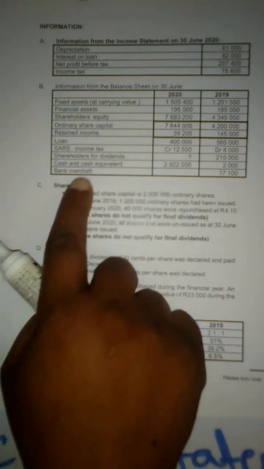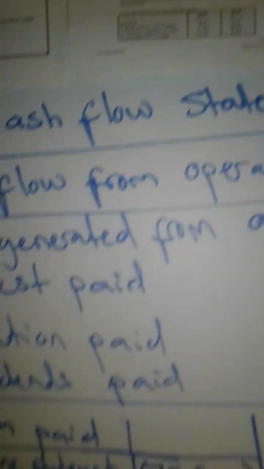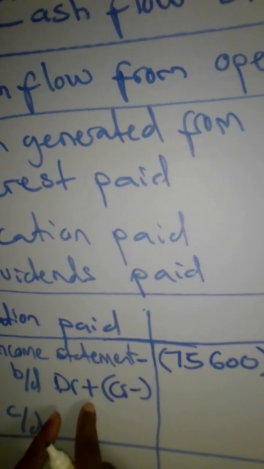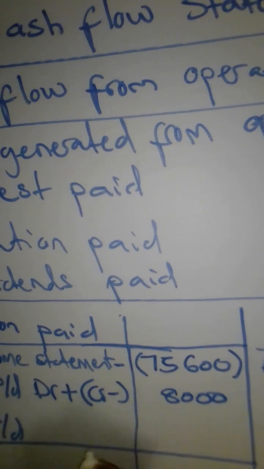Let's go to our question paper and see what they are saying about the tax. SARS income tax 2019 is a debit balance. So the debit balance, according to what I've indicated, does not have brackets. It's a positive amount. So we indicate 8,000 without the brackets.